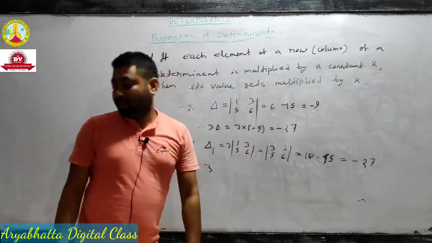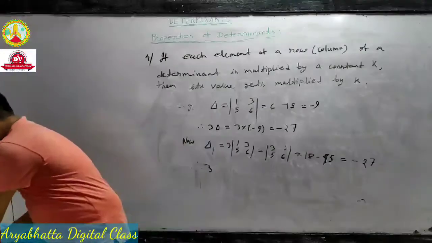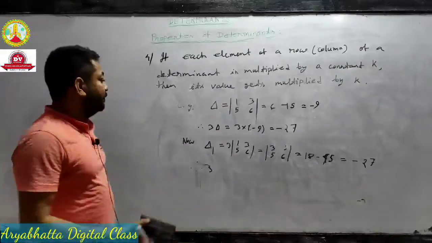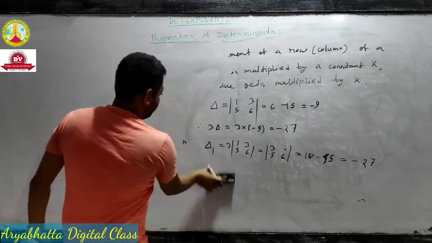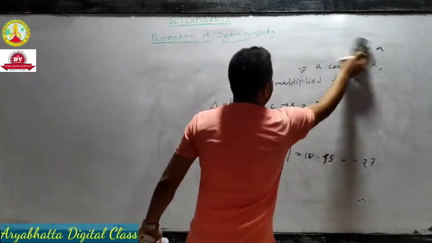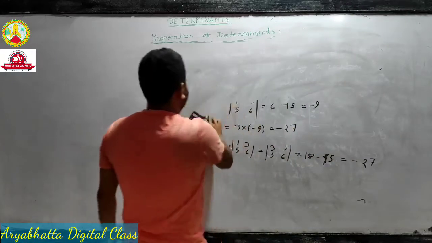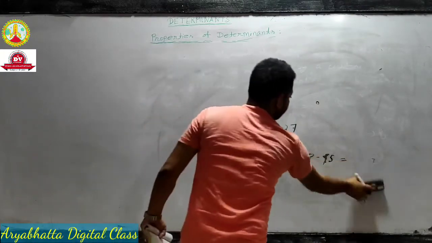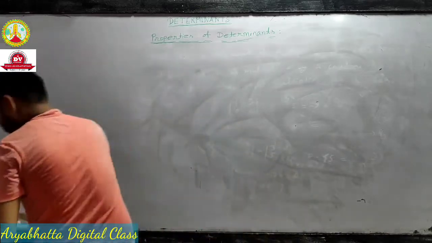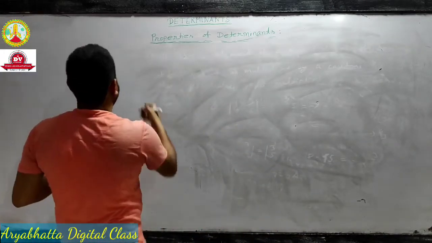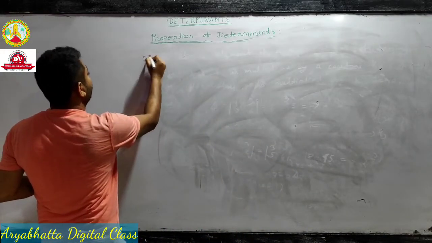Next, we will discuss property number 5. Property number 5.